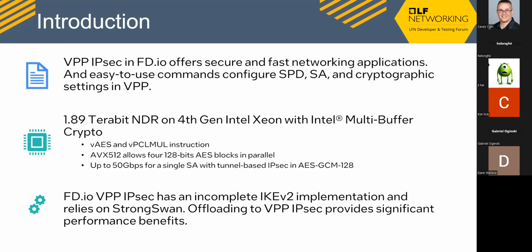However, VPP IPsec has an incomplete IKEv2 implementation, and it relies on strongSwan to handle SA setup using the Internet Key Exchange protocol. Now the goal is very simple, but actually the implementation to merge VPP IPsec and strongSwan is a bit complex. strongSwan installs the route into the kernel routing tables.